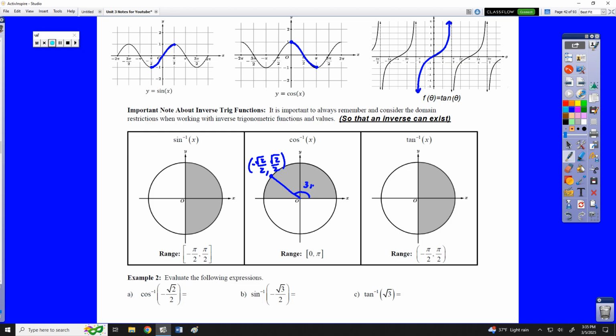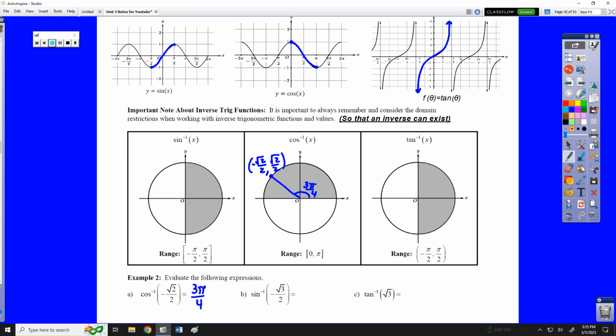That is 3 pi over 4 radians. So you're basically being asked what angle has a cosine of negative root 2 over 2 in that range of 0 to pi radians. The answer to that is the angle 3 pi over 4 radians.